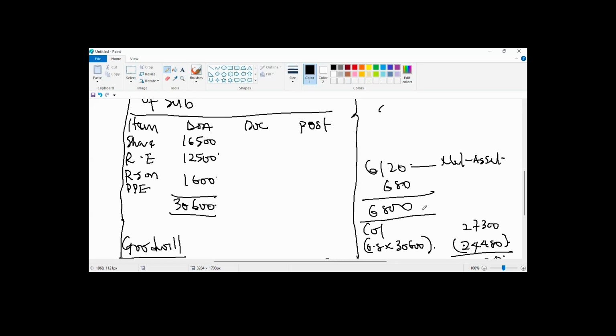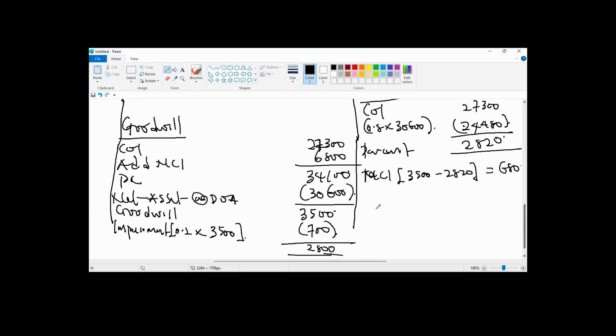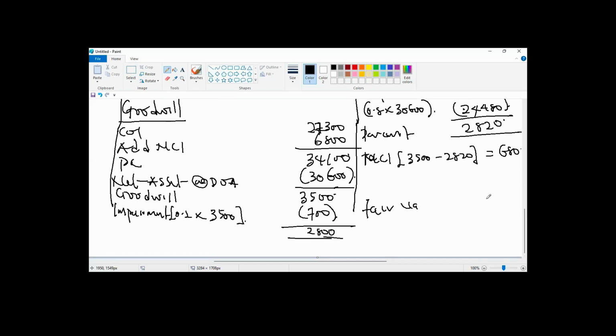If they give me the fair value of the whole company, the question will give you 34,000. You did not buy 100%, you only bought 80%. NCI will now equal 34,000 times 0.2. A normal thing.